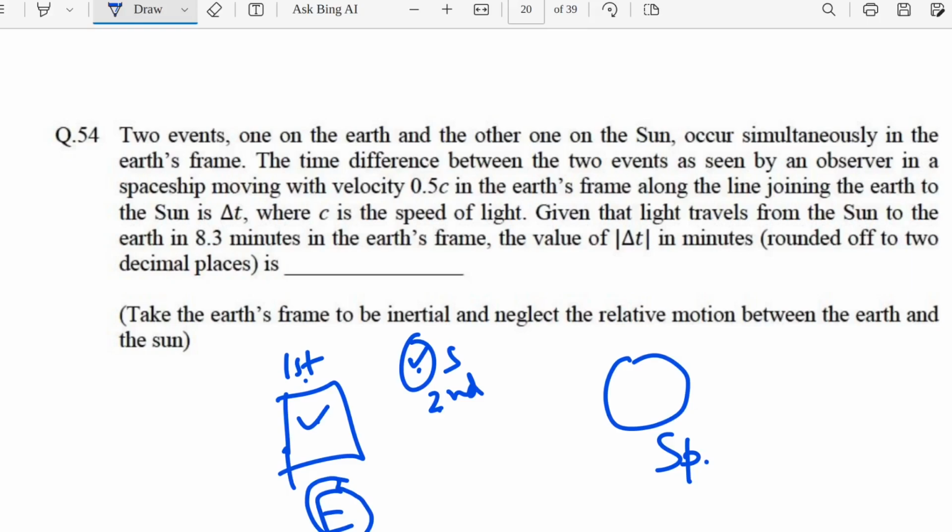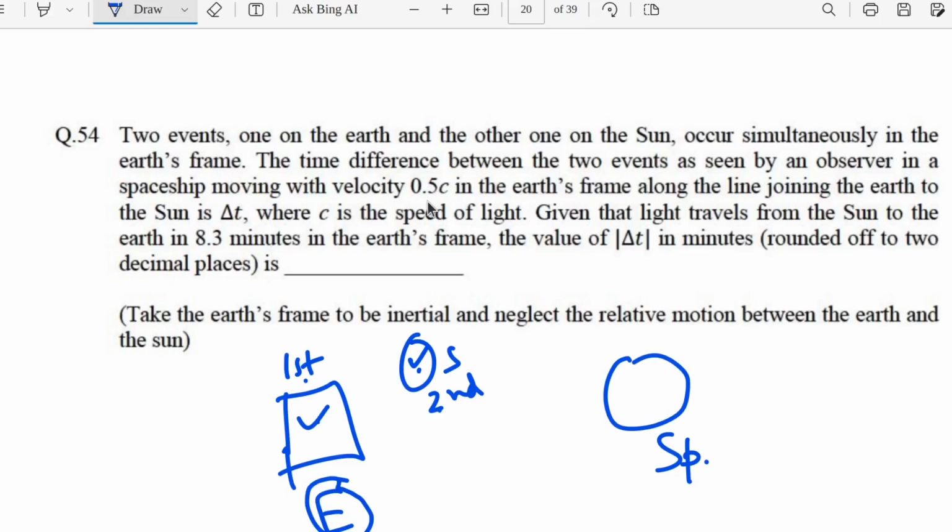In the earth's reference these two events are simultaneous, but we have to find the time difference according to the spaceship frame. Some information is given: the spaceship is moving with a velocity of 0.5 c, and the light travels from the sun to the earth in 8.3 minutes.